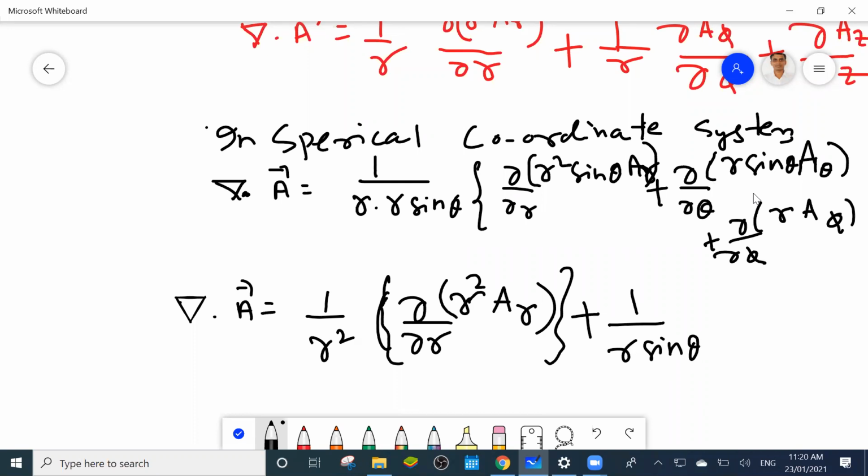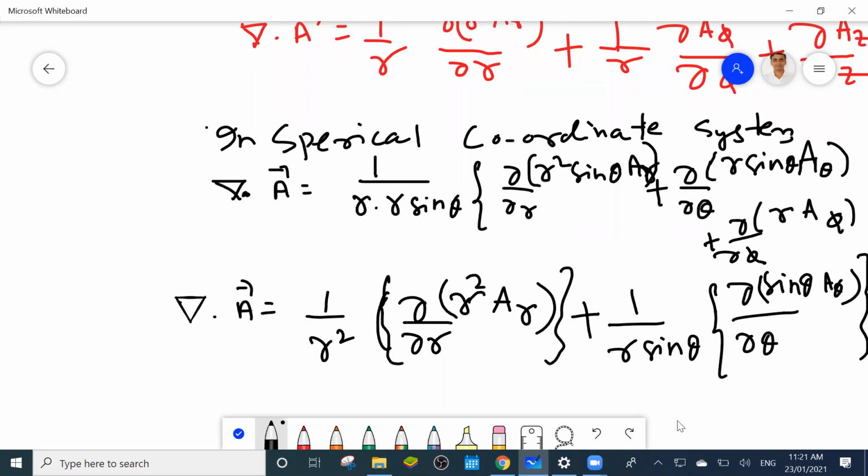Partial derivative means only that variable changes and the other variables are constant. So I have to assume here r is constant. In the earlier case r was not constant, theta was constant. Here theta is a variable, r is a constant. So these r and this one are cancelled. So remaining is del by del theta of sin theta A theta.